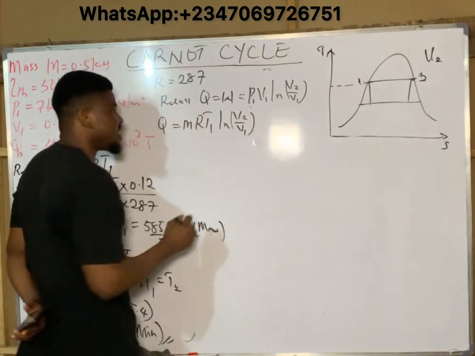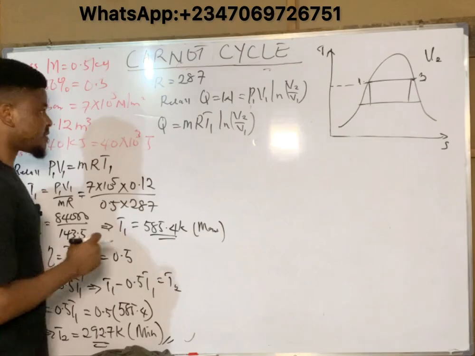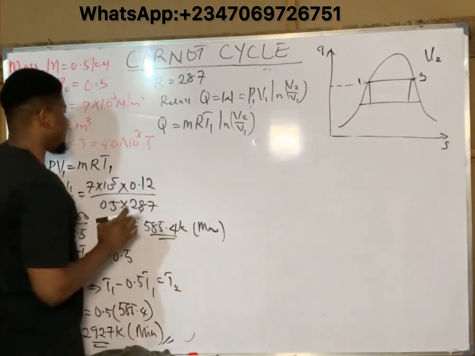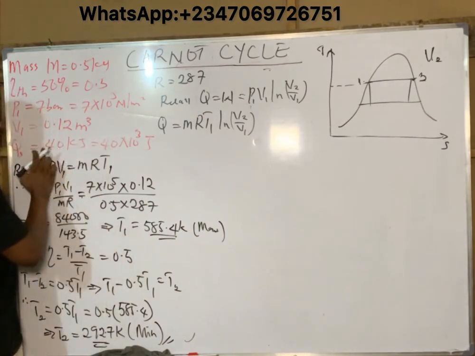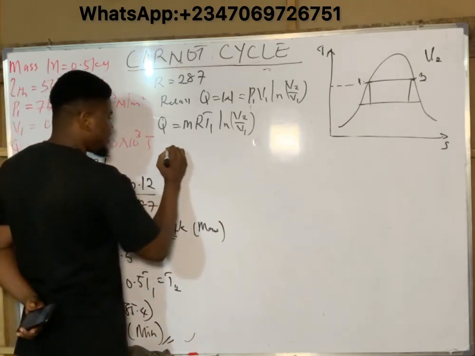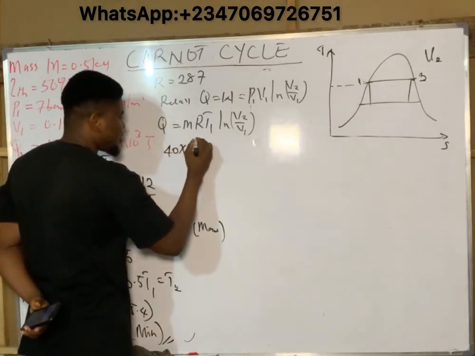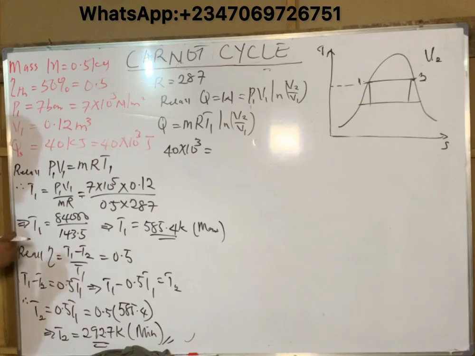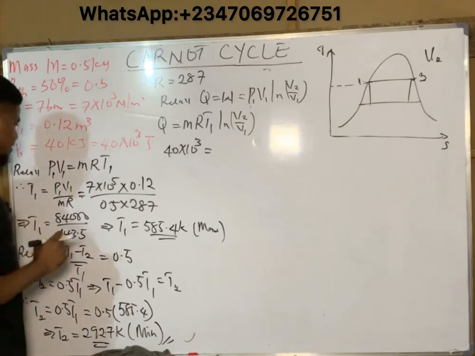So this helps us to find the volume at the end of isothermal expansion, which is V2, because we know V1, and we know the heat supply from the question. Heat supplied is 40 kilojoules, which is 40 by 10 to the power of 3 joules. So in place of heat, we have 40 by 10 to the power of 3 equals MRT.